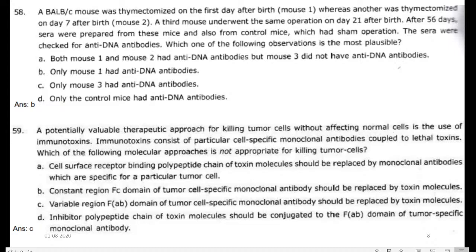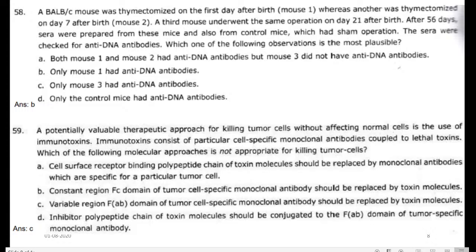We can conjugate a compound or toxin with the FAB region of the monoclonal antibody, but we can't replace the FAB region.